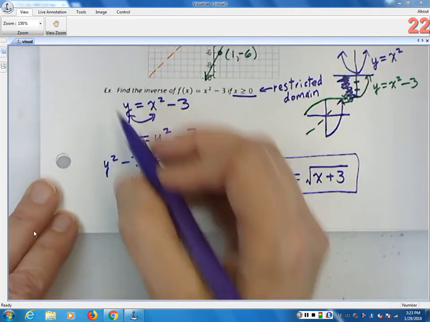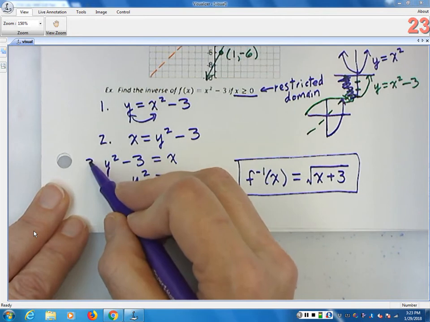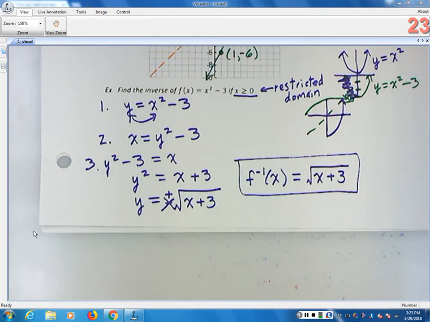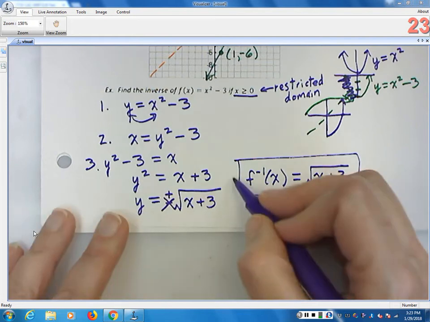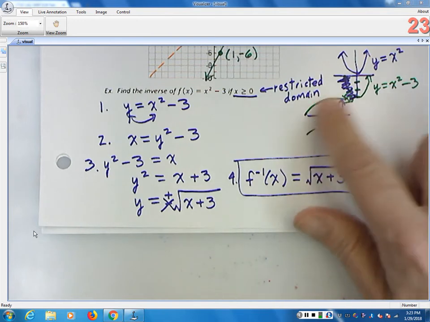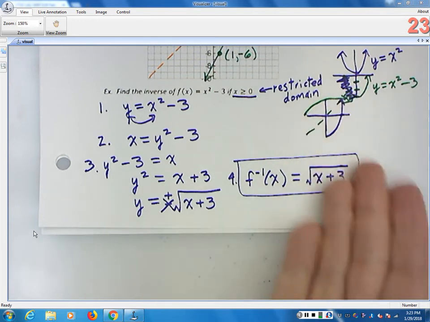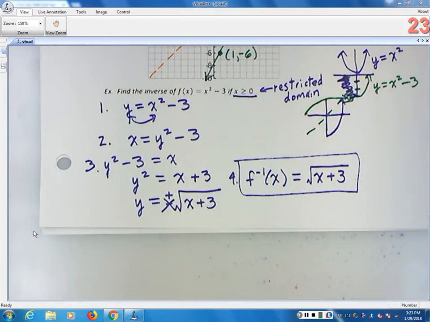So this was step 1, 2, solving for y, and then last step 4. And I drew the picture to show you the inverse is in green here. This original function, it reflects about y equals x.